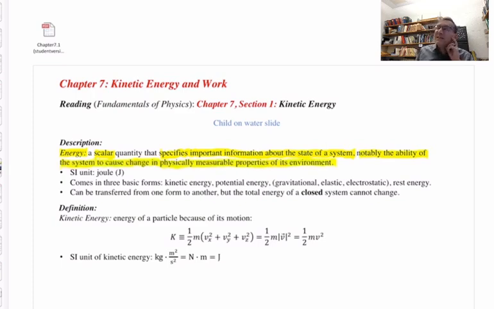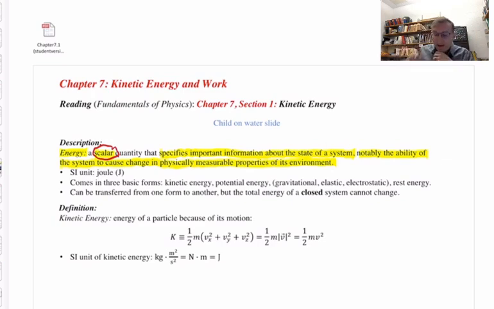So it's telling us something about the ability of the system to cause change. And that's about as good as I can do right now. Okay? But the key thing is it's a scalar quantity. That's already a hopeful avenue of thought. If we're going to introduce new things, how about we use scalars?